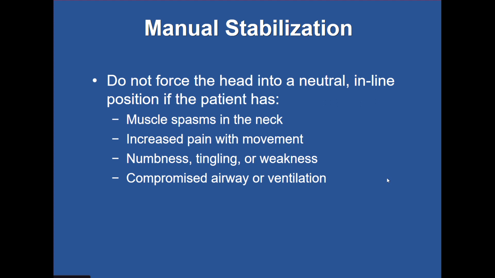If there is increased pain with movement, if you meet resistance, just stop. Before we move anybody, we'd want to check MSPs when possible. Obviously, if they're prone and you can't assess their airway, then you just have to roll them quickly, but you're going to do so in a controlled and organized fashion.